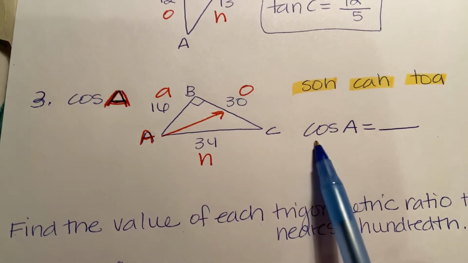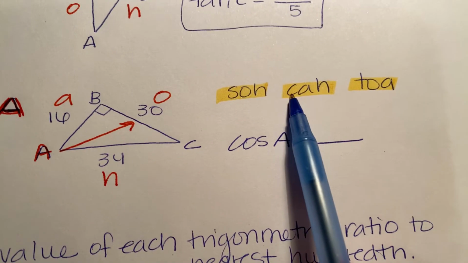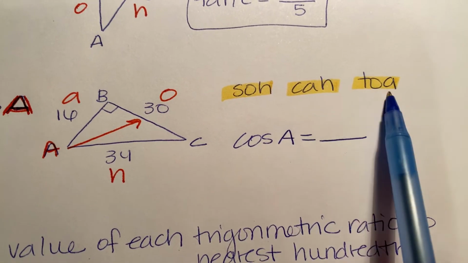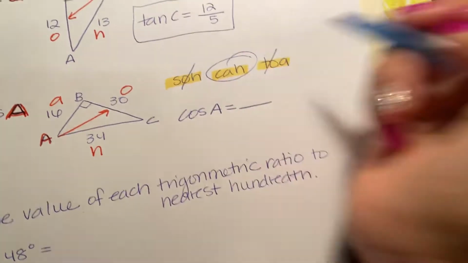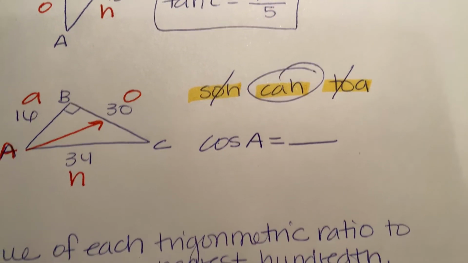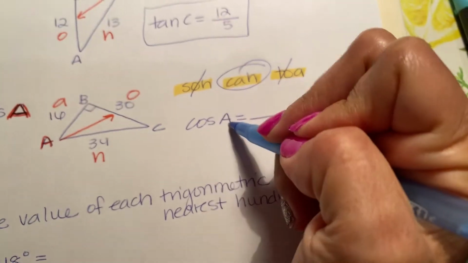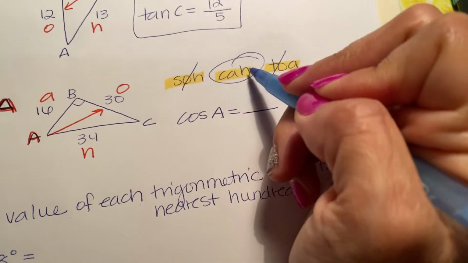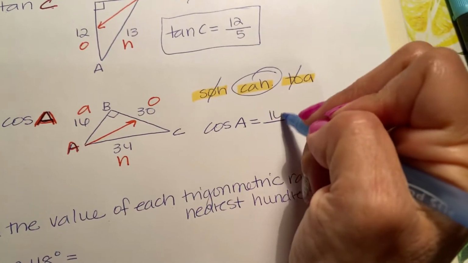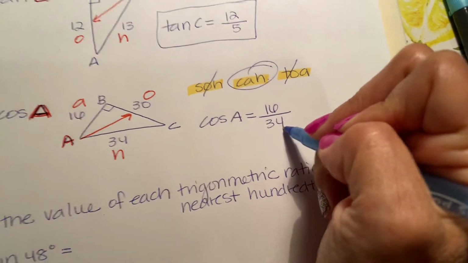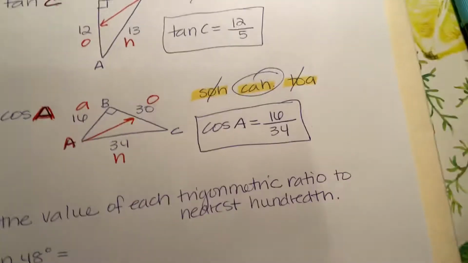Cosine starts with the letter C, so in SOH CAH TOA I want the C. Sine is out, tangent is out. This is my winner: cosine of angle A is adjacent over hypotenuse. Adjacent is 16, hypotenuse is 34. That is your answer.